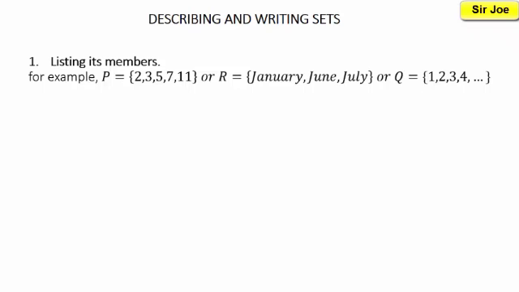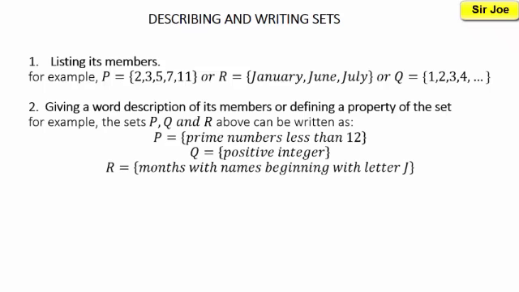Those three dots you see there mean up to infinity. That means there are a lot of numbers over there that we can't finish mentioning. If we are supposed to list everything, we cannot finish listing them. So take note of that.